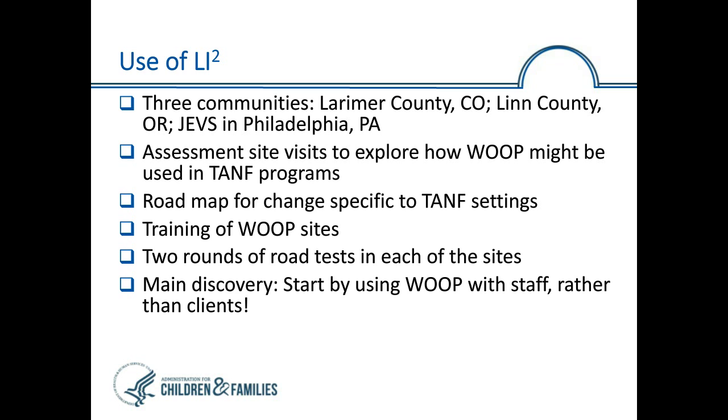This is the short version of a very longer story. We did a roadmap for change in each of the sites that were specific to a TANF setting. Again, this was an intervention we knew worked, but we didn't know how to get it to work in TANF agencies. And so we were rolling it out and used the LI2 process for that.